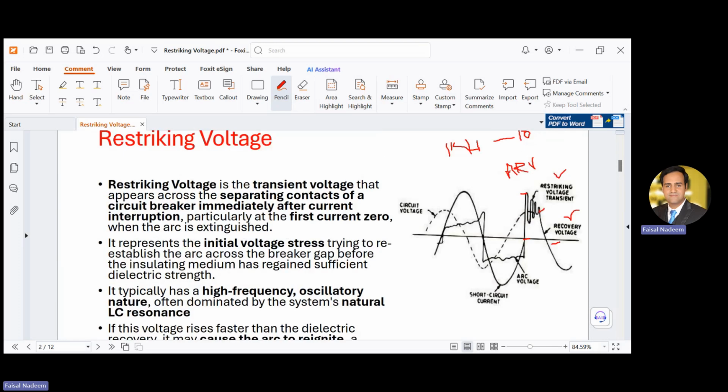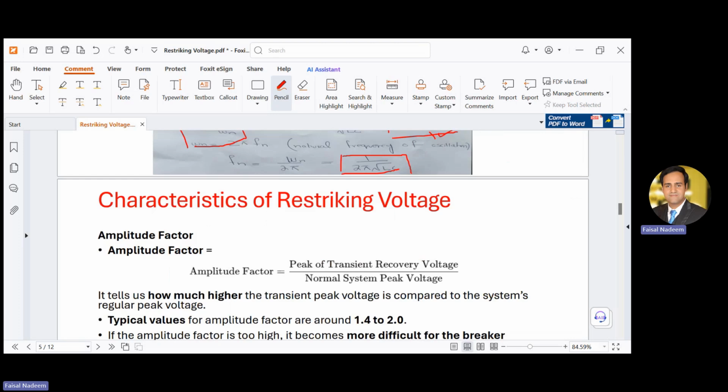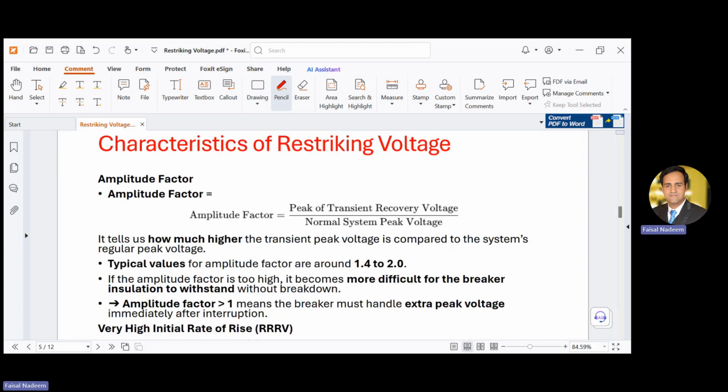So we will take this value divided by the system voltage, which is represented here at this point with the dashed line. This is the supply voltage. The ratio of both of these voltages will be equal to the amplitude factor.